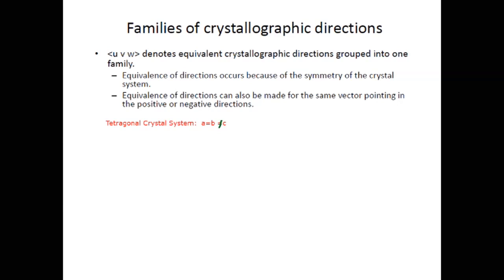So for example, if we had the directions 1, 0, 0, 0, 1, 0, -1, 0, 0, and 0, -1, 0. Oh snap, I made a mistake earlier.